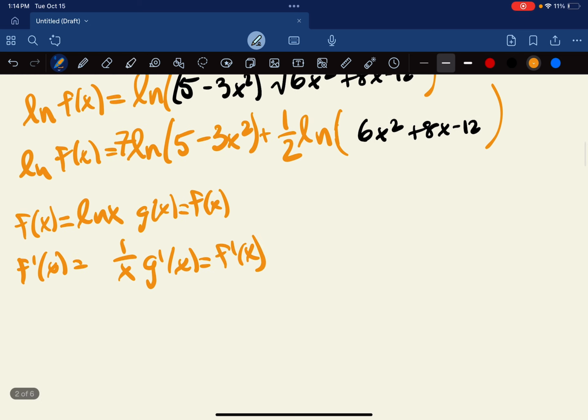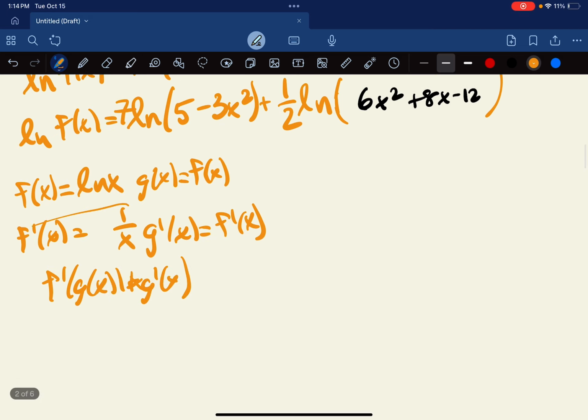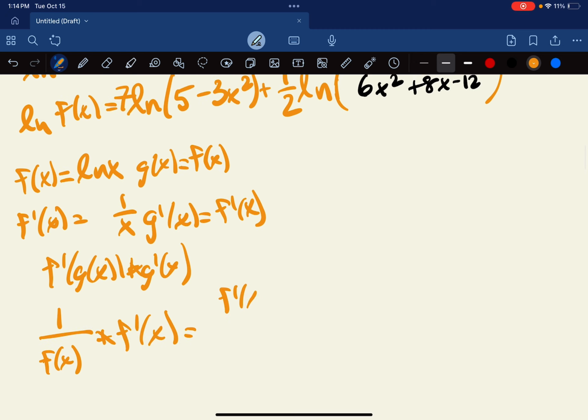So our outside derivative is 1 over x, and we plug in f of x, so it would be 1 over f of x. And then we multiply by the derivative of the inside, f prime of x, and that simplifies to f prime of x over f of x.